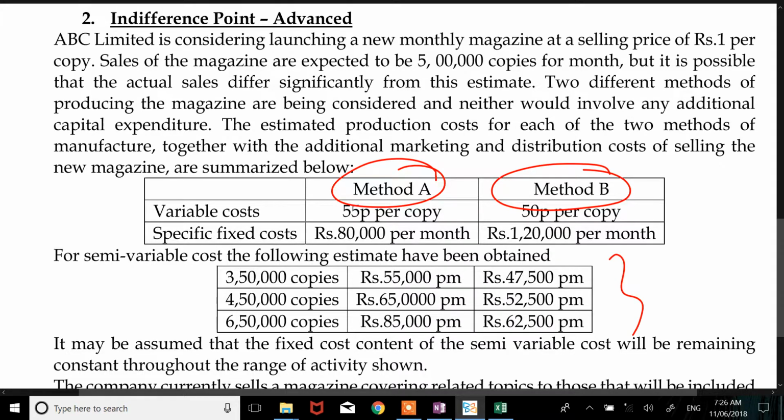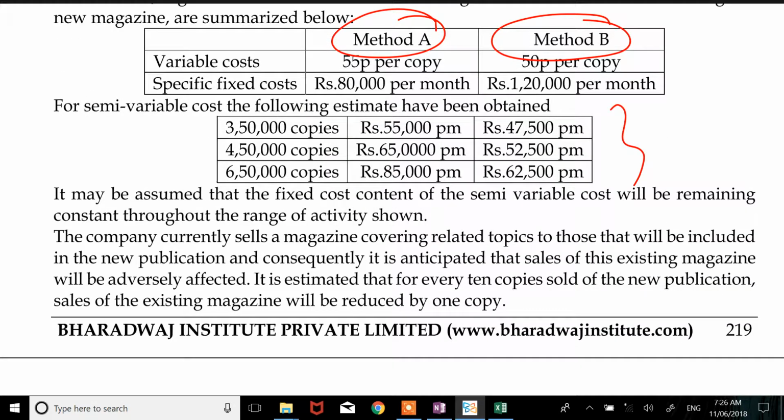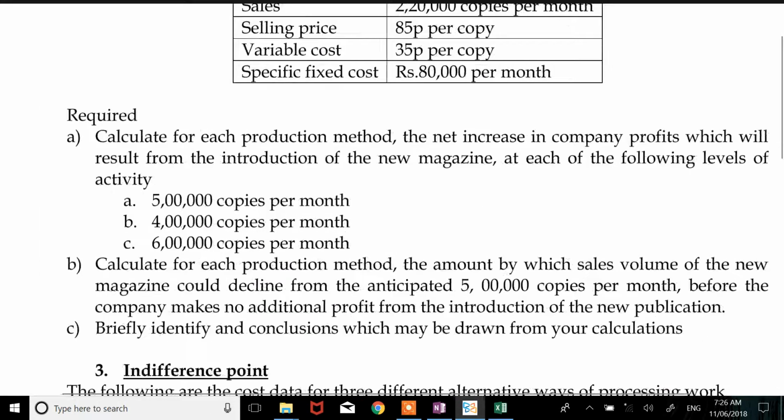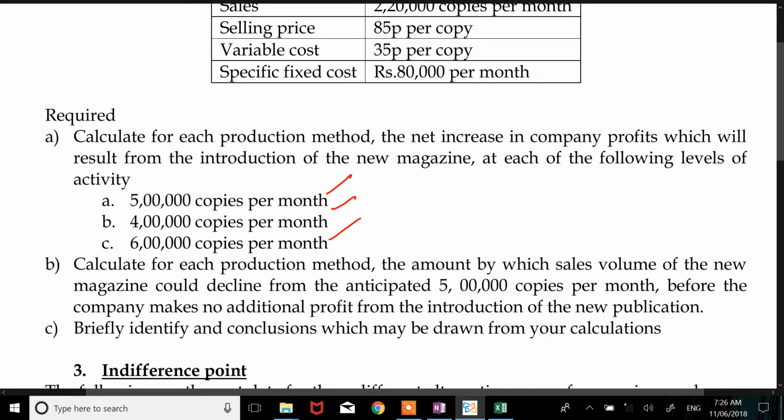Now the semi-variable component I'll have to split into variable and fixed using the formula. Once I am done with the basic cost structure, that is I'll capture 2-3 information, variable cost per unit and total fixed cost of these two methods. Once I am done with this, I'll calculate for each production method net increase in profits when the volume is 5, 4 and 6.